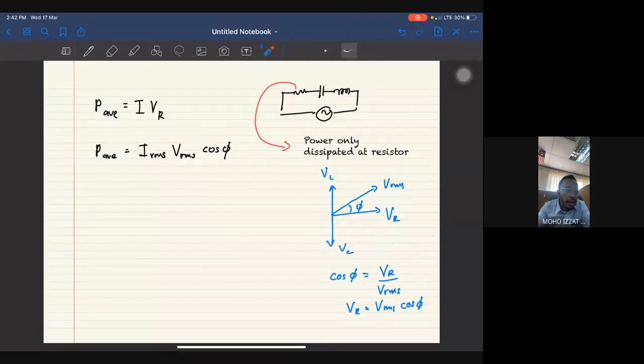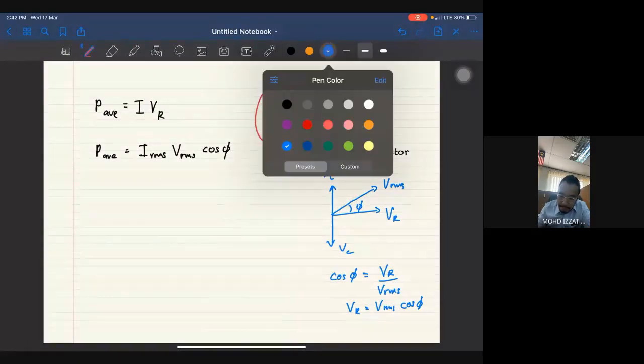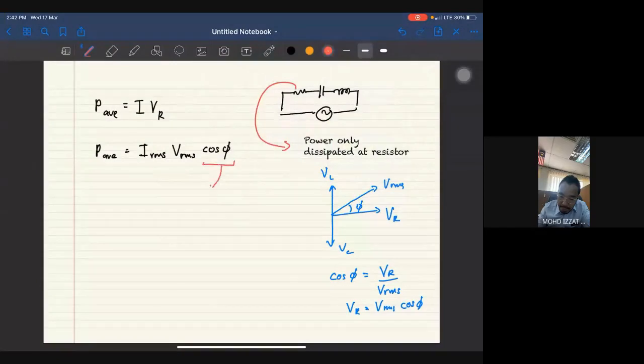Okay, cos phi ni pun ada significant dia. Cos phi ni adalah power factor. Okay, so cos phi is actually power factor. This is what we call power factor.